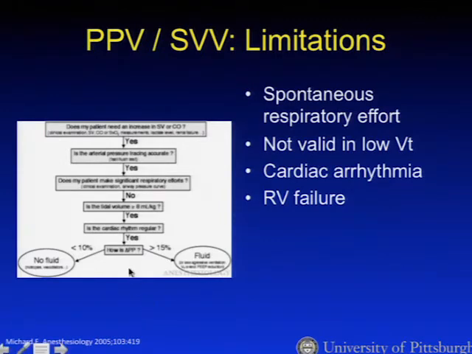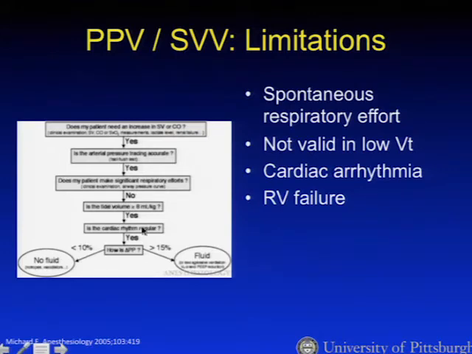These methods are tremendously useful in the intraoperative setting under conditions of general anesthesia and muscle relaxation and controlled ventilation. However, in the ICU population, if there is any significant spontaneous ventilatory effort, they become invalid.